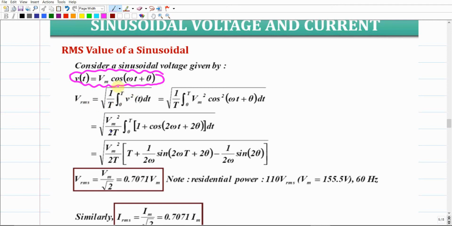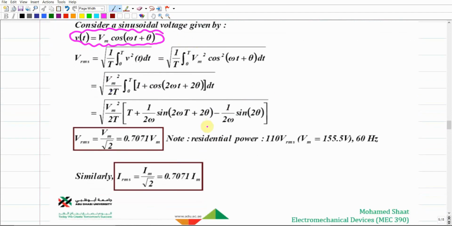Plugging in v squared, we end up with V_m squared times cosine squared dt. Doing the integration involves lots of mathematics. It is not even needed to know the calculation and the integration, how we did it. But at the end, even if you use MATLAB or follow these mathematical steps, you end up with this root mean square value.